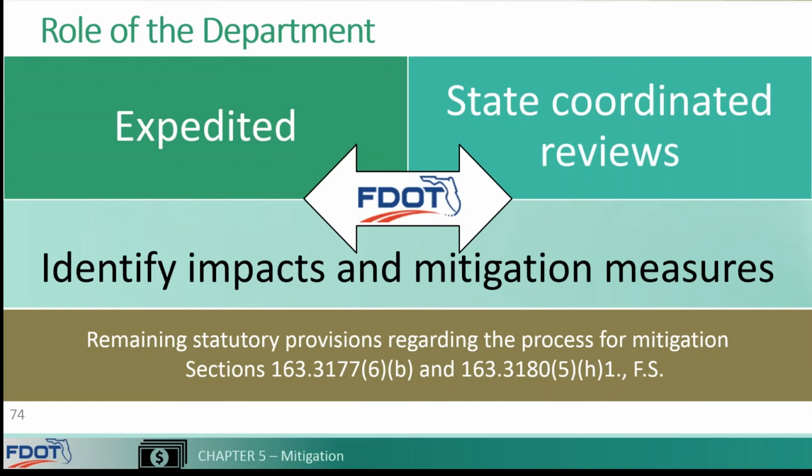Janine mentioned earlier that we've got both the expedited and the state coordinated review process. The main thing here is both processes will identify the impacts and mitigation measures. And those provisions for mitigating the impacts are located in 163.3177 and 163.3180.